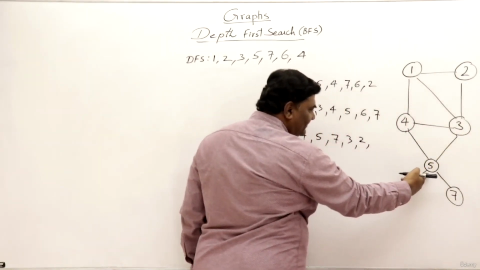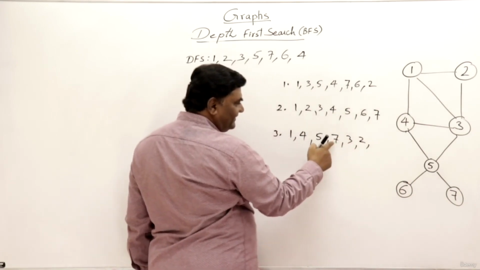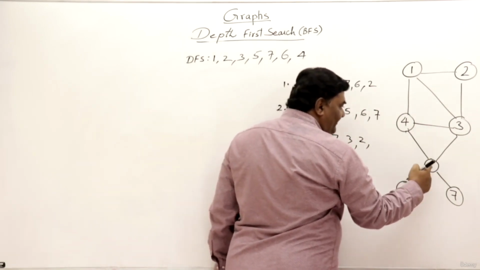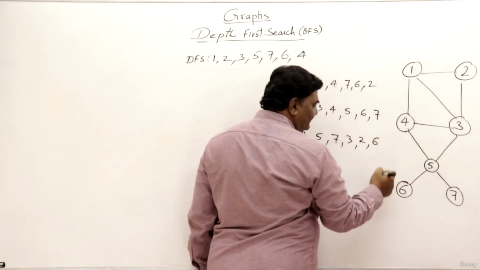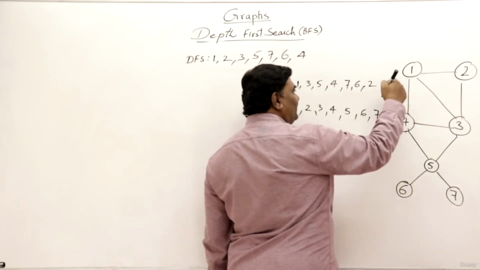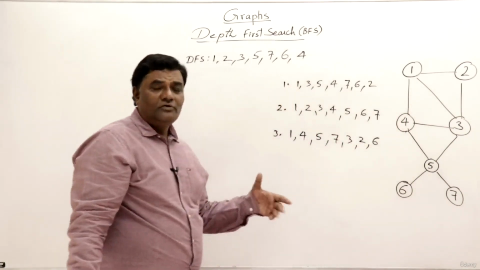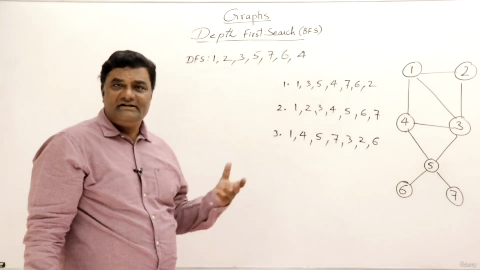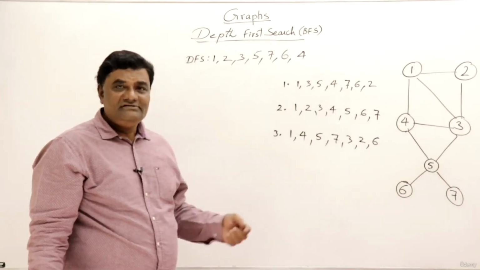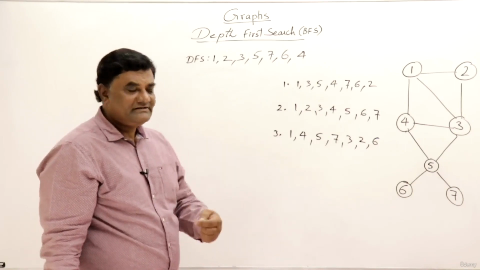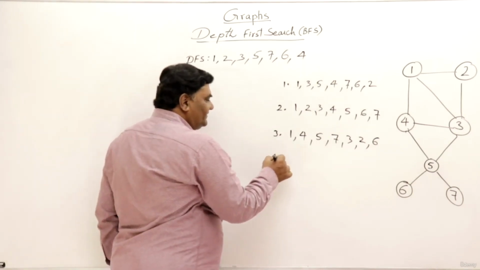Go back. 7 is already done. I'm on 5. From 5 I can go on 6. From 6 I cannot go anywhere. Go back to 5, go back to 4, go back to 1. So how to go back? That stack will help you. Or else you practice this, you can get it easily. It's not difficult. Just do paperwork by yourself. Do it once.